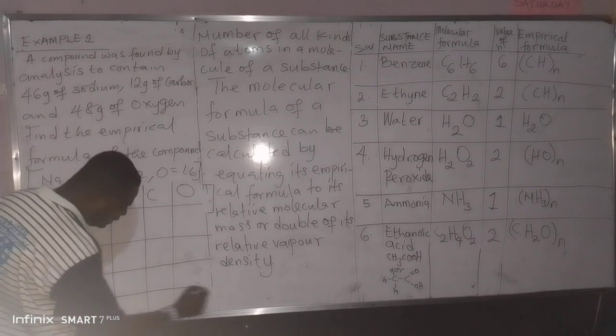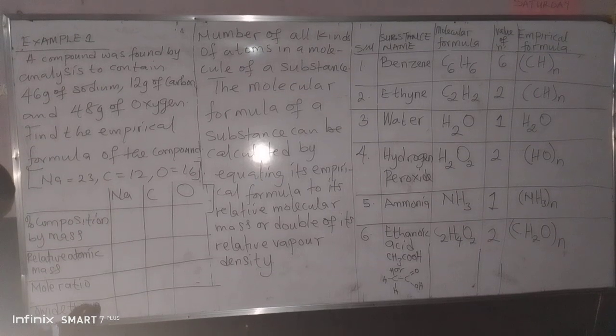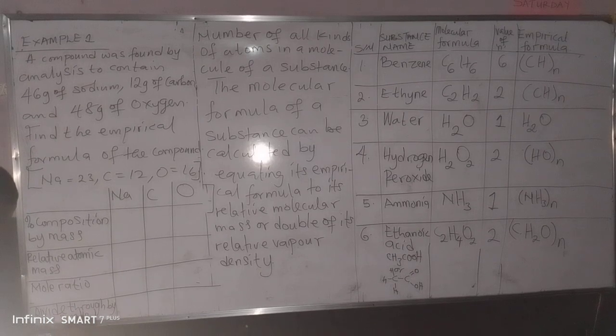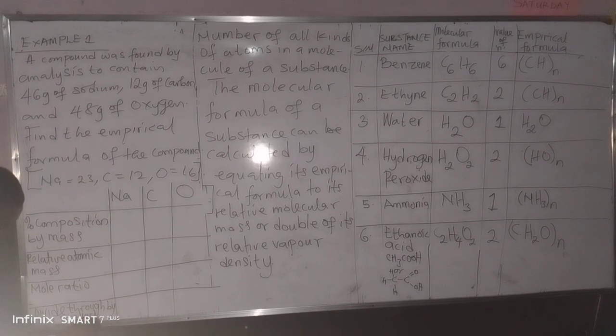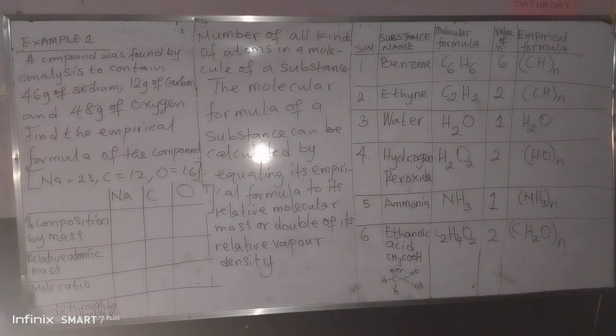Then apart from that, we have divide through by the smallest mole ratio. Divide all through by the smallest mole ratio. Then from here, you begin to fill in this table.